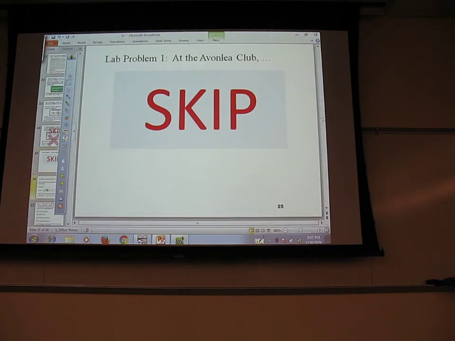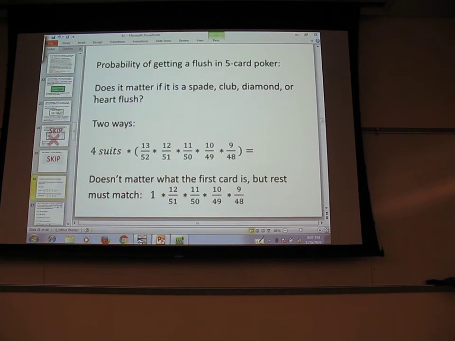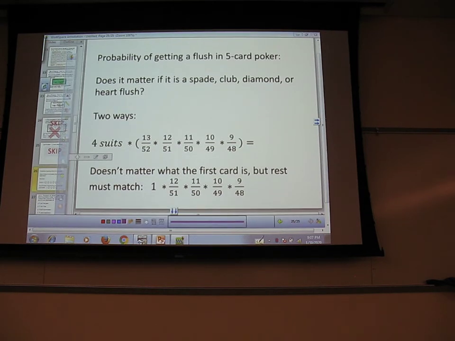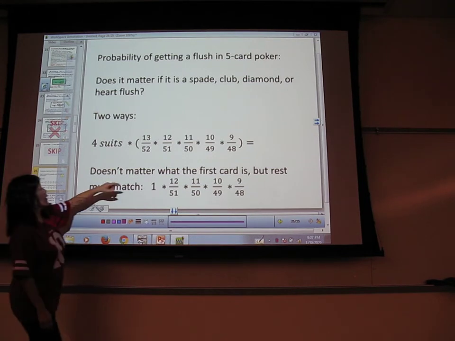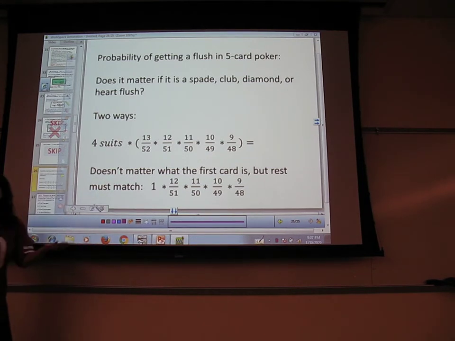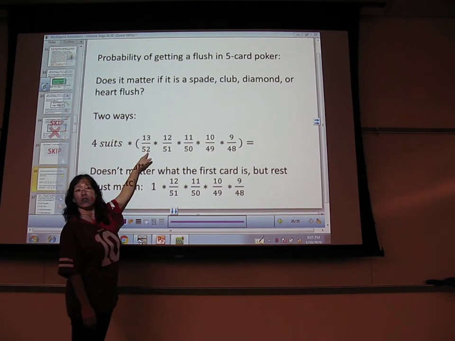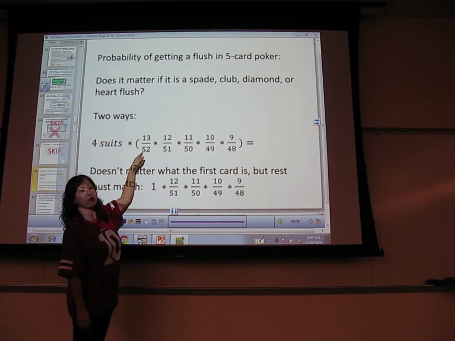Oh, and this also is not important, but it's kind of fun, so I'm just going to talk about it for 2 seconds. The probability of getting a 5-card flush in poker, that's all the same suit. Say I wanted to get hearts. There are 13 out of 52 hearts, so the probability of the first card being a heart would be 13 out of 52.